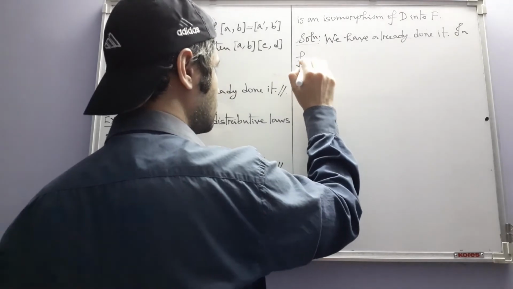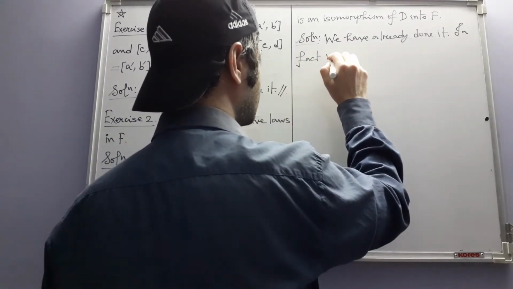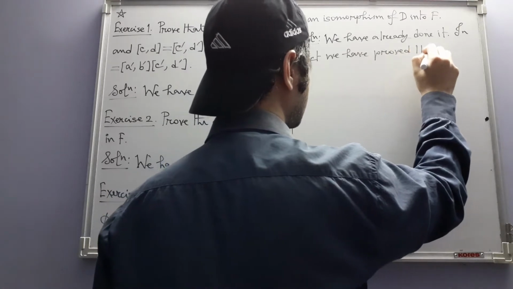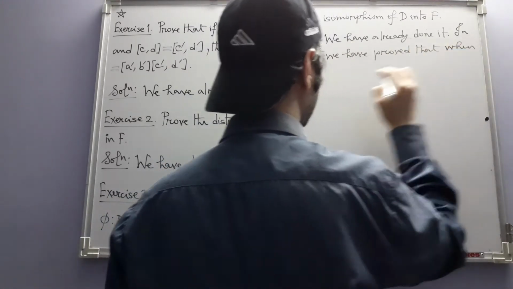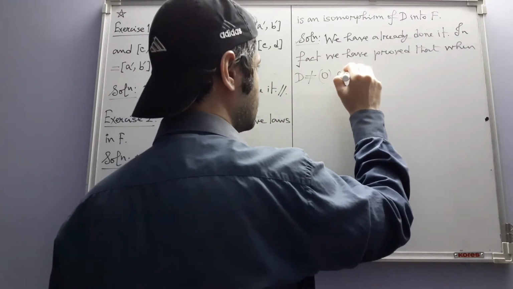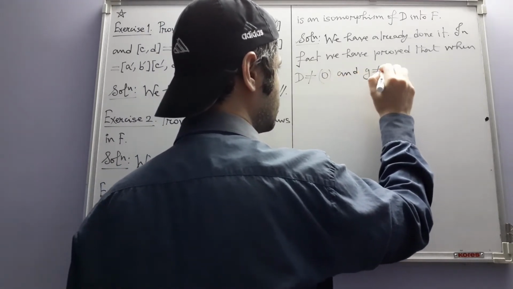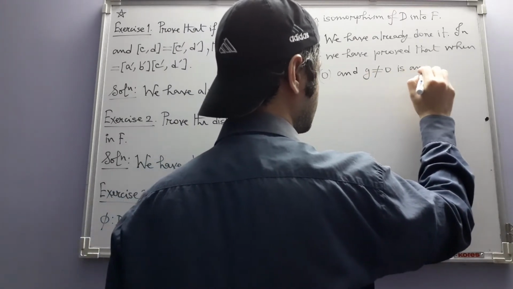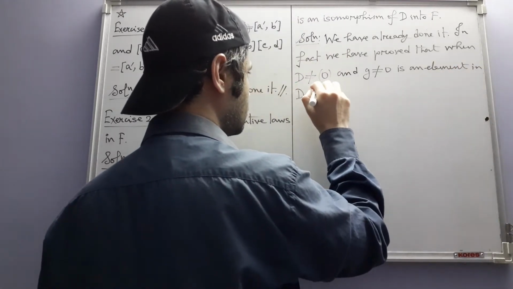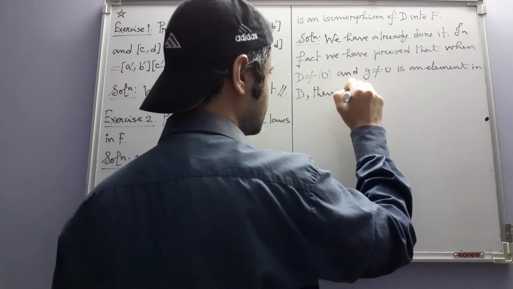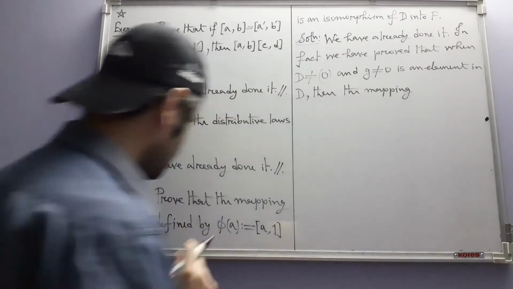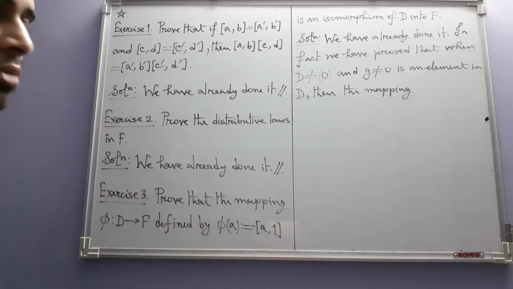In fact, now here is the remark. We have proved that when D is a non-zero integral domain and g not equal to 0 is an element in D, then the mapping, since they are calling it by phi, let us give our mapping a different name.